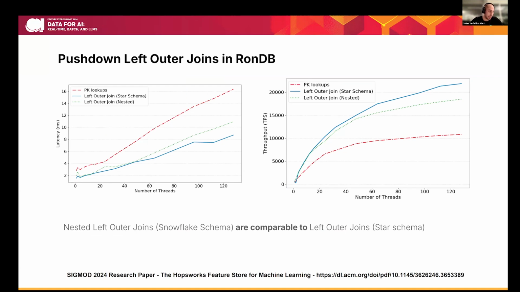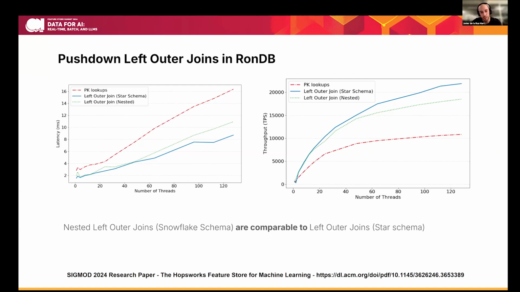And we saw that for the star schema, we can reach a reduction of 30 to 50% in latencies, and also an increase between 50 to 200 in throughput. And when it comes to the Snowflake schema, the reduction is a little bit less, it's 20 to 40% compared to the 30 to 50% for the star schema. And for the throughput it is more or less the same.